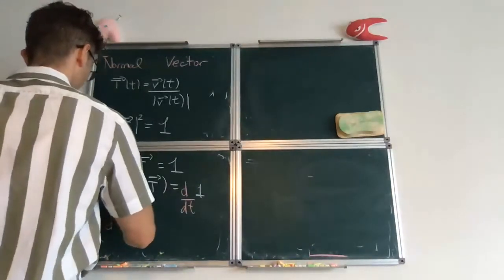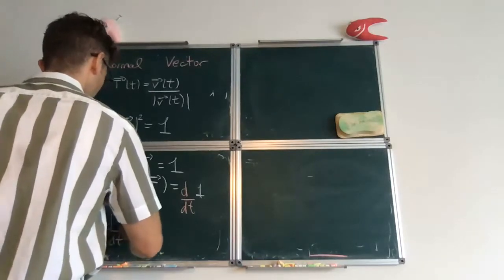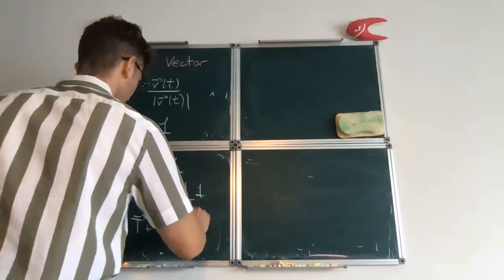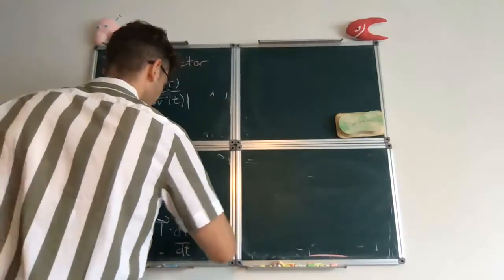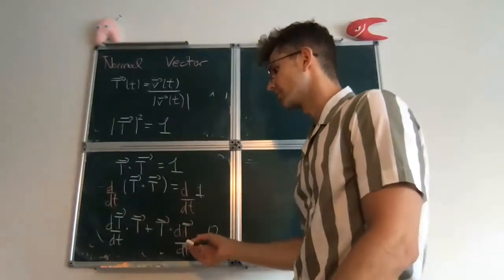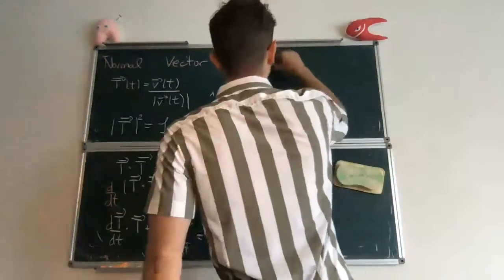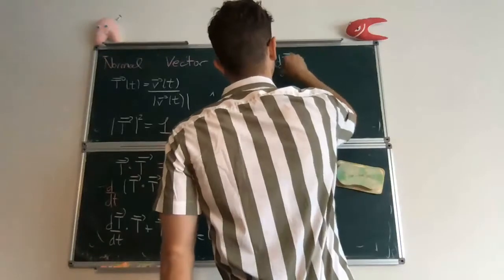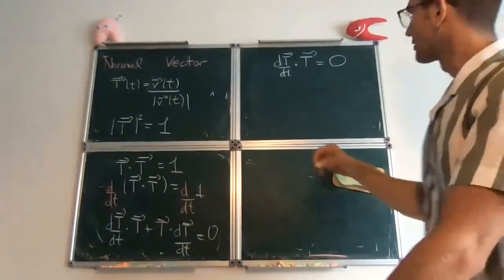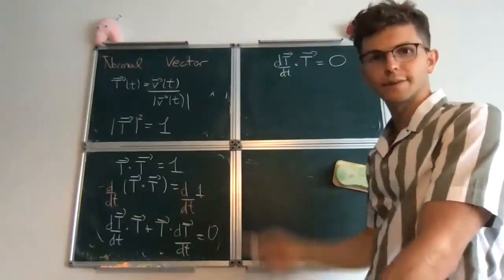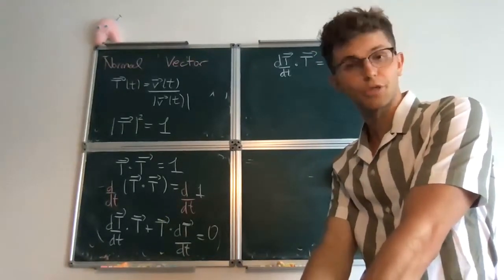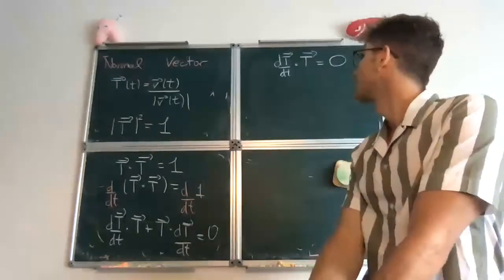So you get the derivative of the tangent vector with respect to t dot T, plus T dot the derivative of the tangent vector with respect to t, equals 0. And so again, these two are really the same, so you get twice this dot product equals 0. Which means that dT/dt, the derivative with respect to time of the tangent vector, is orthogonal or perpendicular to the tangent vector.